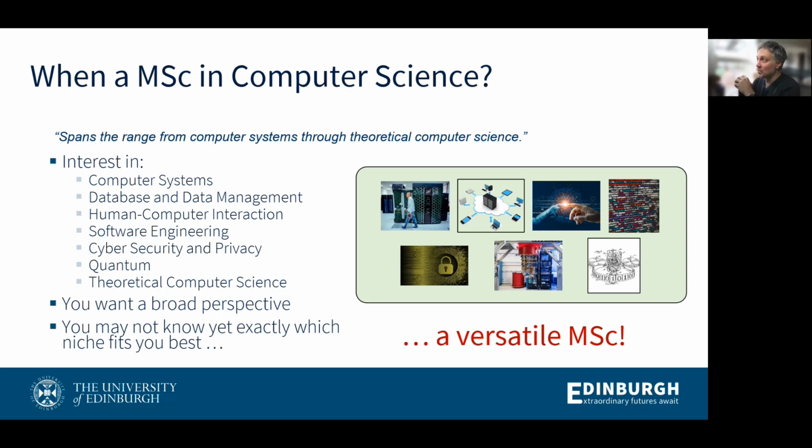This MSc program provides you with a broad perspective, differently from other programs such as AI. It is also good for people who, for example, don't know yet what they want to do in the future, because here they get a broad exposure to the different topics.